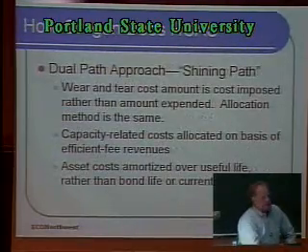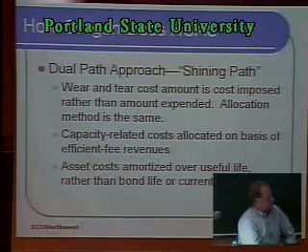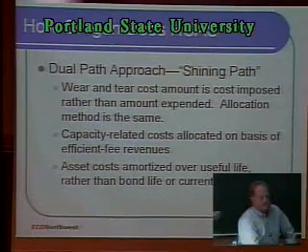Something that we did in the 2001 study and are doing again in the 2005 study is called the dual path approach, where we do the usual highway cost allocation study, and it gets presented in the main volume of the report.